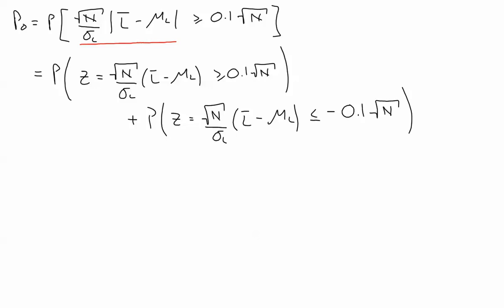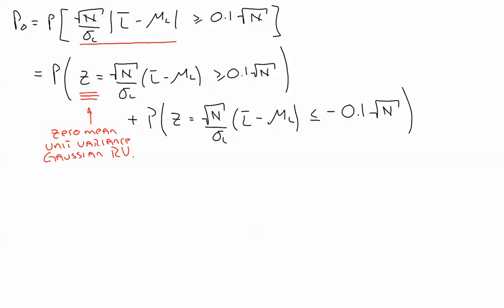The next step, I got rid of my absolute values so I could equate square root of n over sigma sub L times L bar minus mu sub L equal to z, and we'll remember that z is a zero mean, unit variance Gaussian random variable.